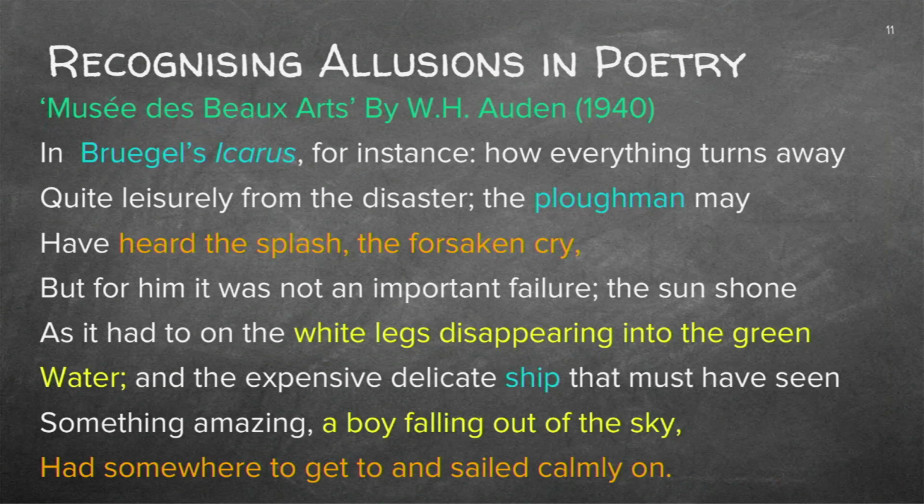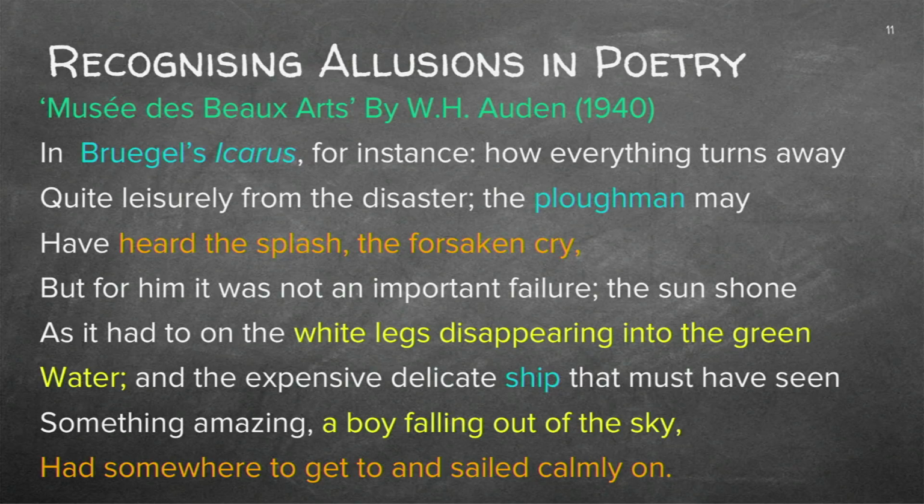He says, the ploughman may have heard the splash, the forsaken cry, but for him, it was not an important failure. This failure to fly, it was not an important failure. The sun shone. It was an ordinary day. The sun shone as it had to, on the white legs disappearing into the green.